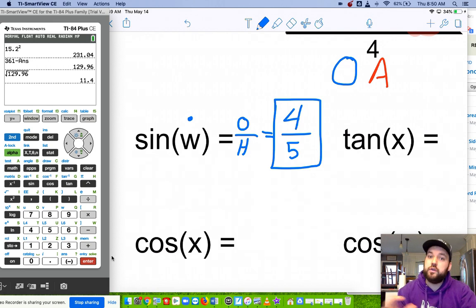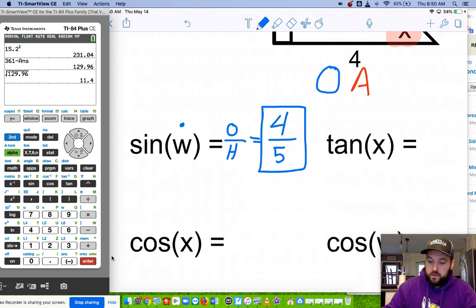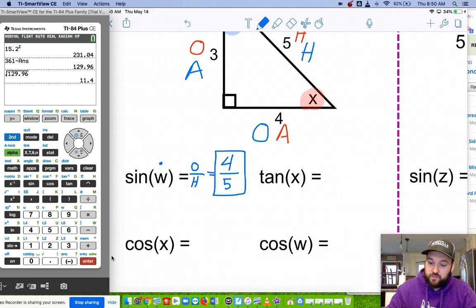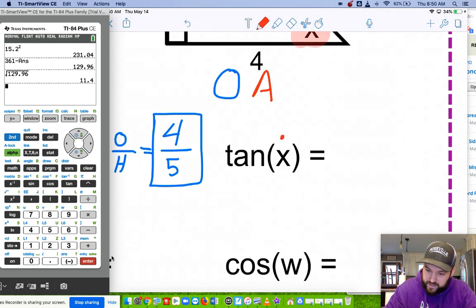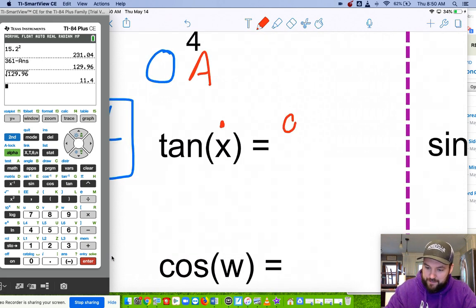We'll use this later on, but for right now, if you're asked what is sine of W, that just means take the opposite side length divided by the hypotenuse length. That's it. If we go to the next one, what is tangent of X? X was denoted in red, and tangent is opposite over adjacent.